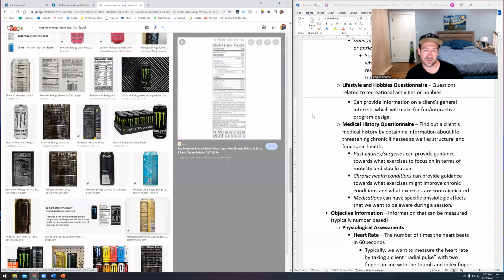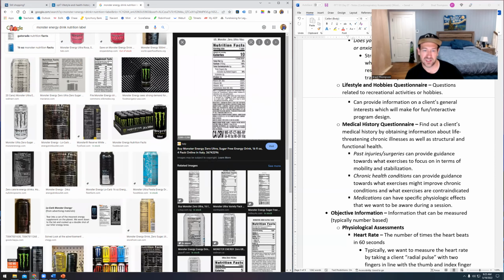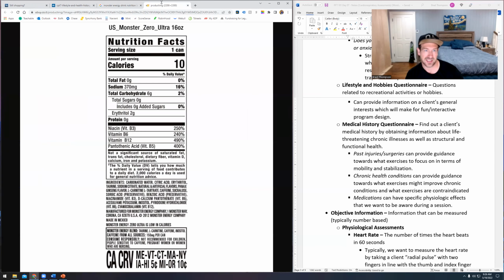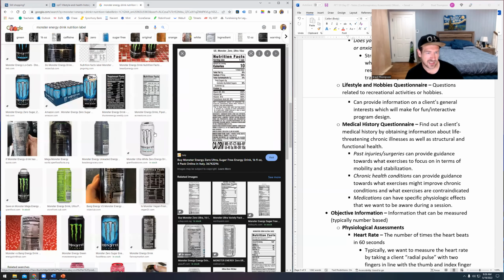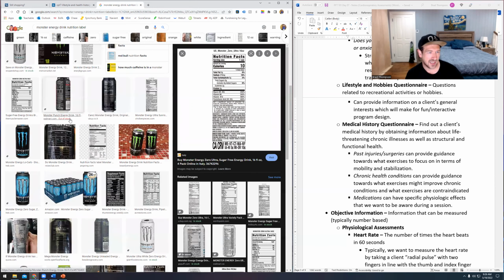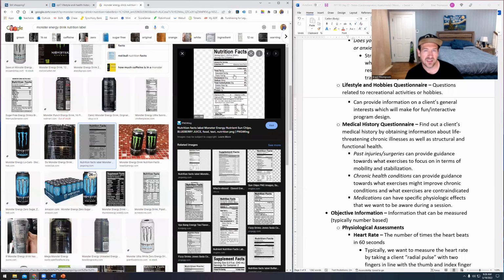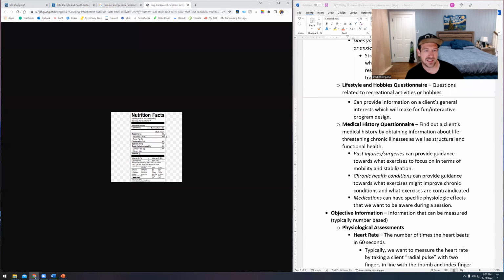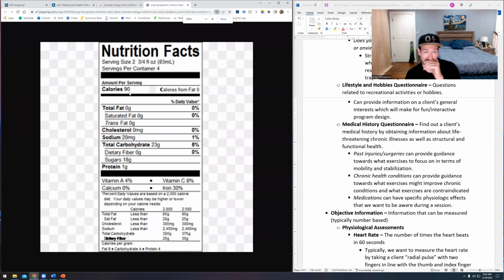So if you look at the nutrition facts here, this Monster Energy drink is 0 calories for the most part, I mean, it's 10 calories, but no sugar, because down here we see erythritol, which is a sugar alcohol. If we go up to the standard ones, this one says it's only got 90 calories and 18 grams of sugar.